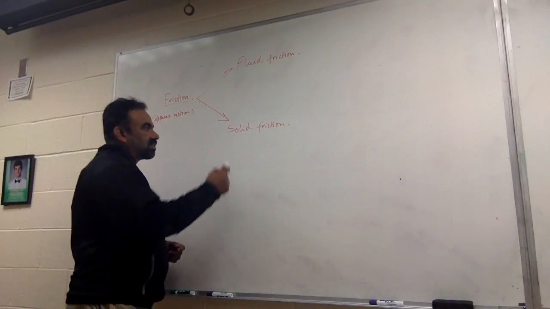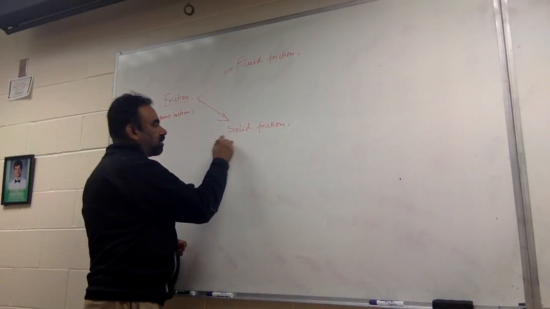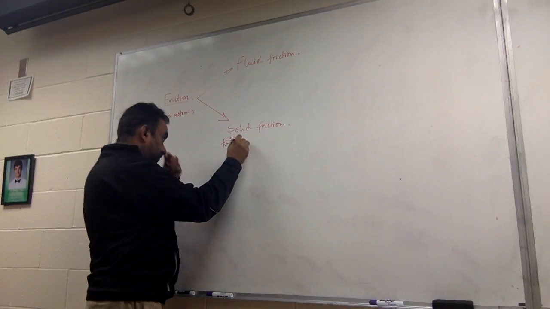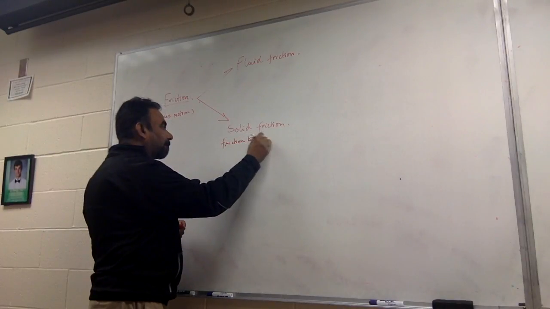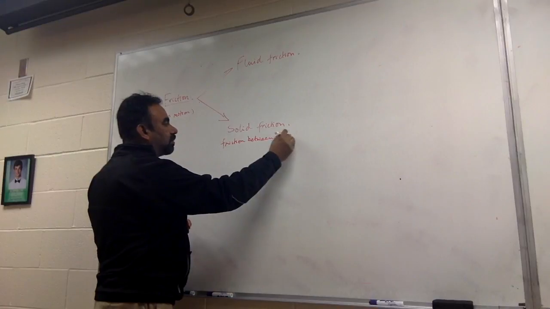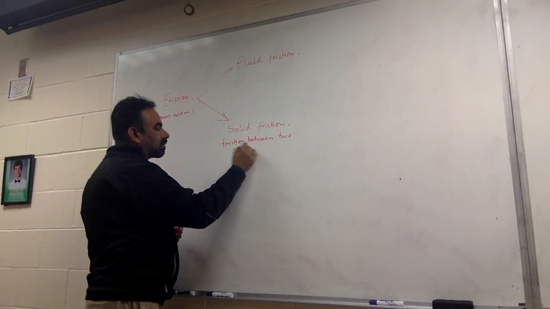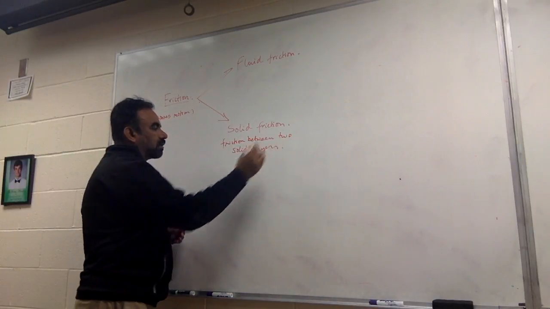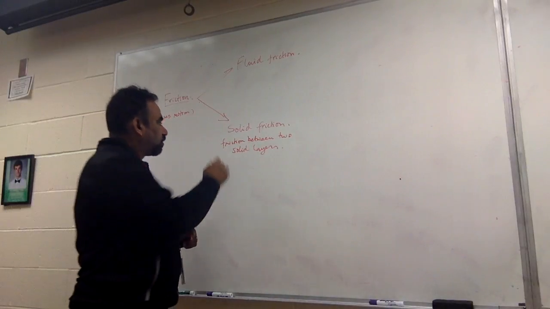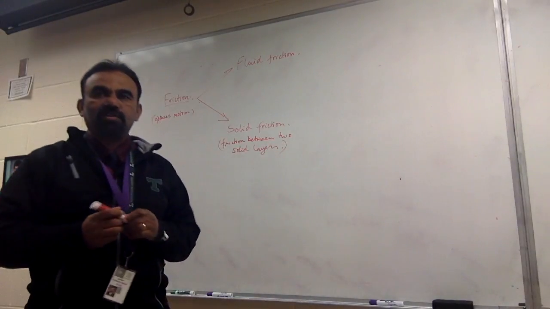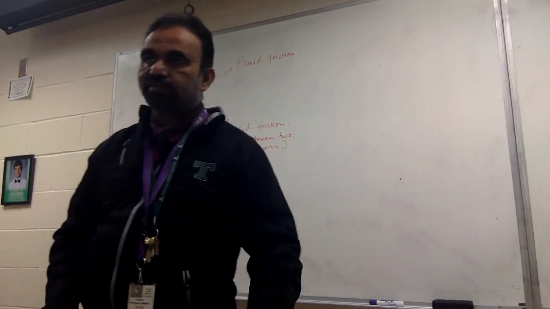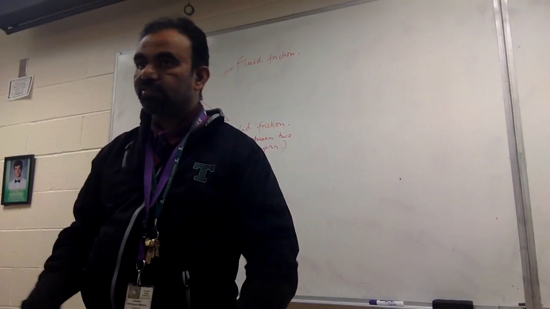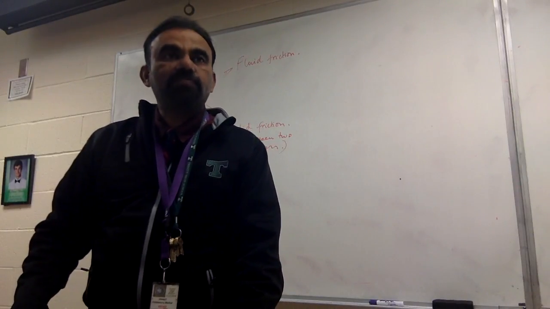So what is solid friction? Solid friction is friction between two solid layers. Friction between two solid layers. That is solid friction. Like a layer of the book and the layer of the surface. So you have solid friction.